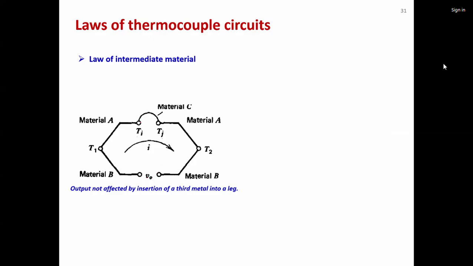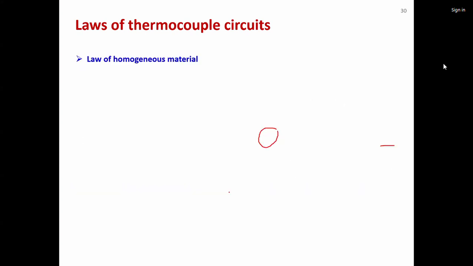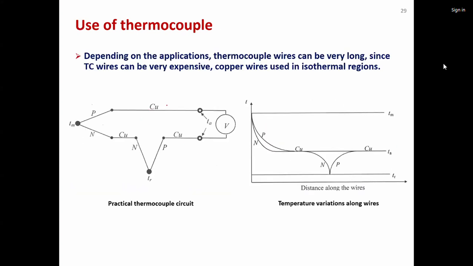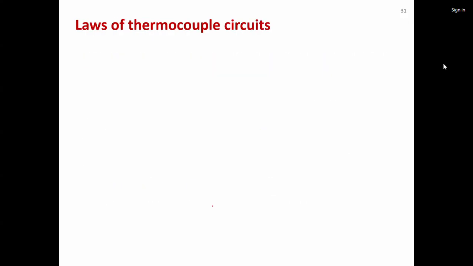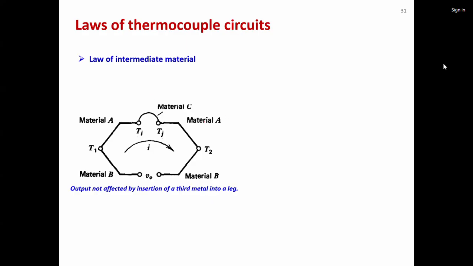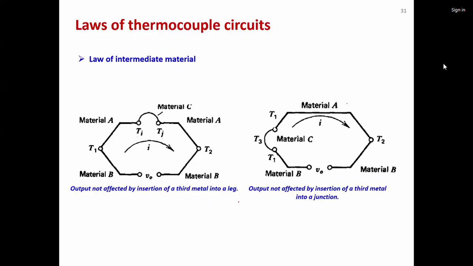It says that if I cut into the material A and introduce a third material, material C, then it is not going to affect the output. So it says that the output is not affected by insertion of a third metal into a leg. So that is the reason why you will be able to use copper, because it is not going to affect your measurement. So this is coming from law of intermediate material.